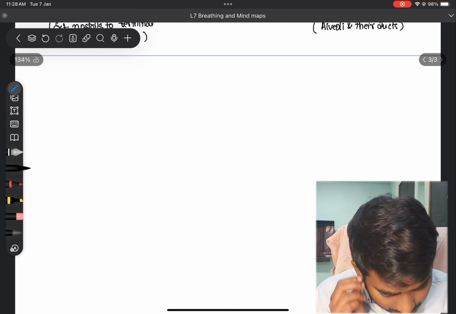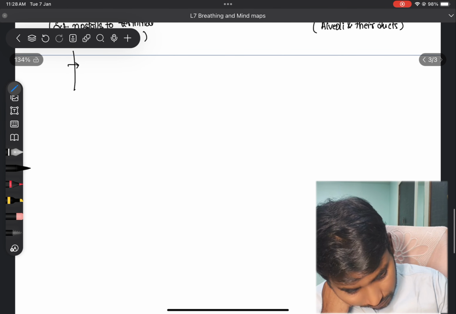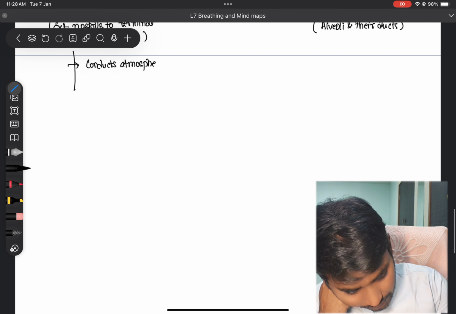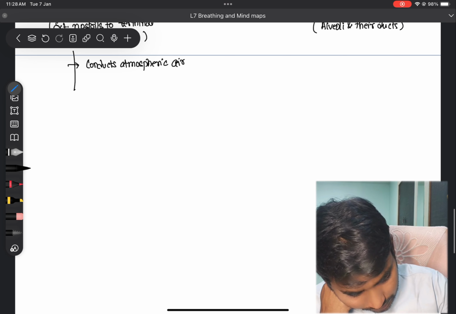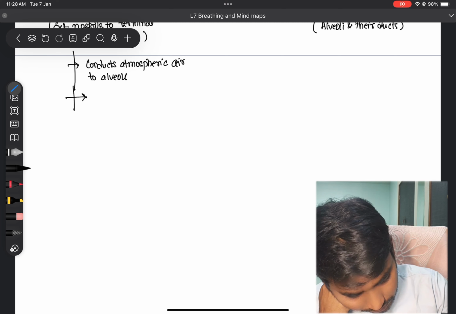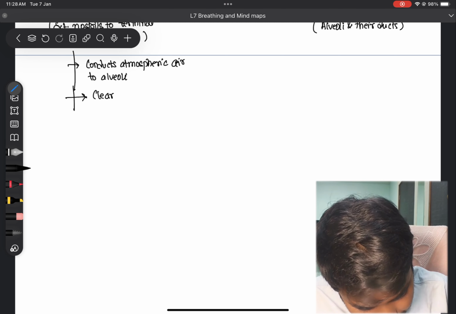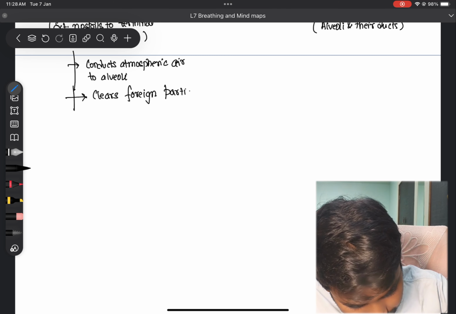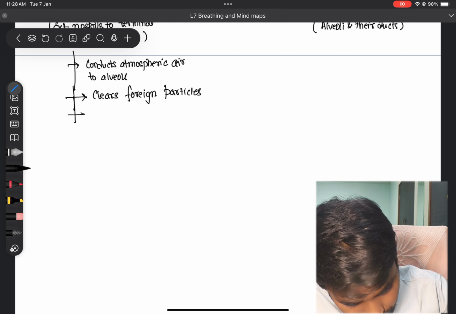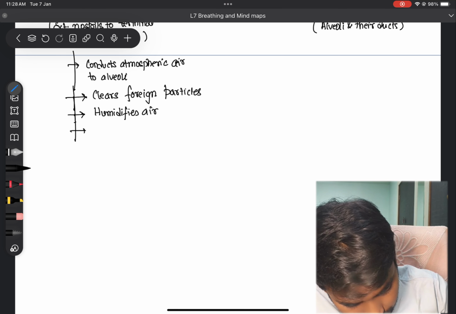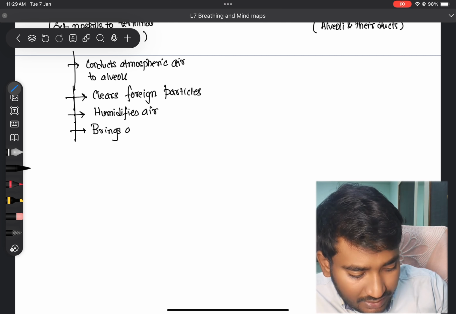Now it conducts atmospheric air to alveoli, clears foreign particles, humidifies air, and brings air to body temperature.